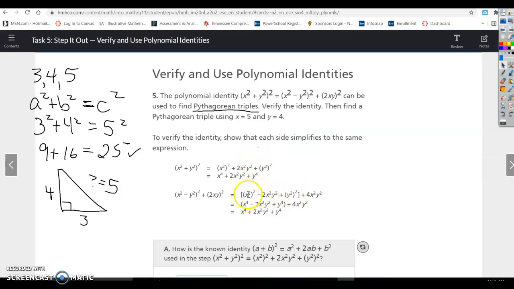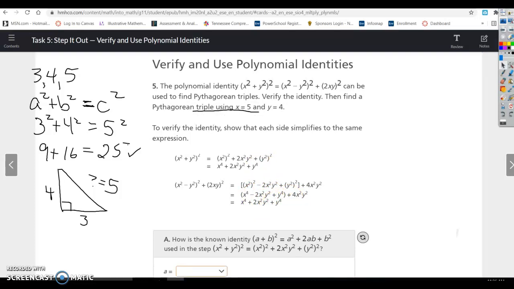We're going to square the first term, minus 2 times the middle terms, and then square the last term. And then the last one, you're going to square 2, and then x squared and y squared. That comes from squaring everything inside the parentheses here. Then again, just combine like terms. And when you look, these two are equal or equivalent.